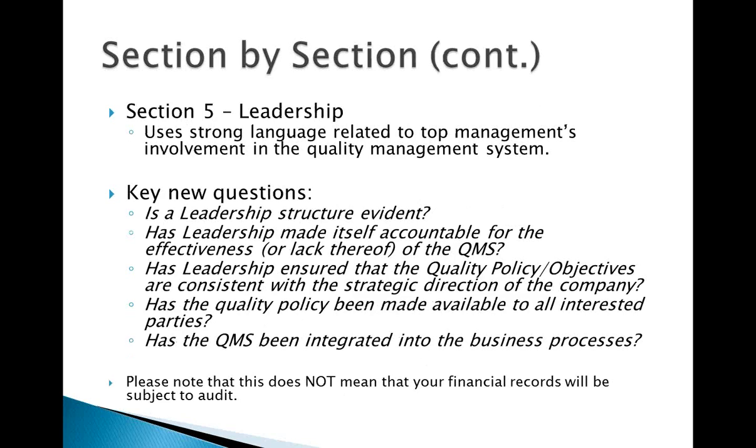In Section 5, some of the new ideas here are ensuring that we have a leadership structure, ensuring that quality policy and objectives are consistent with the strategic direction of the company, ensuring that the quality policy is available to interested parties, external and internal, ensuring that your quality system has been integrated into business processes.